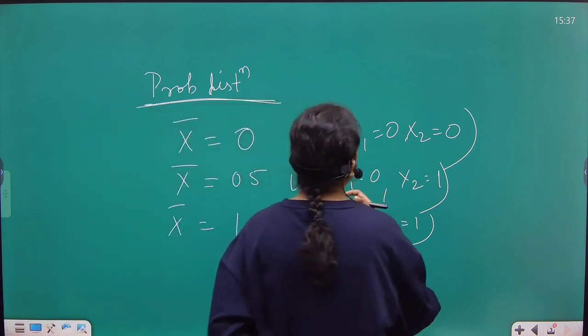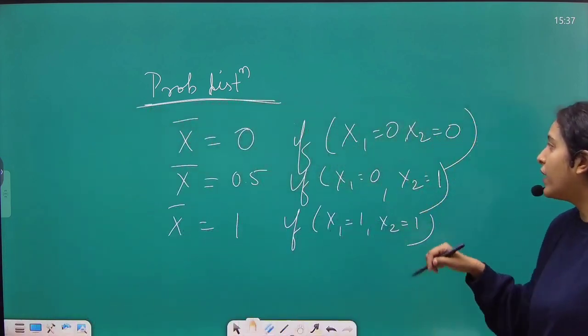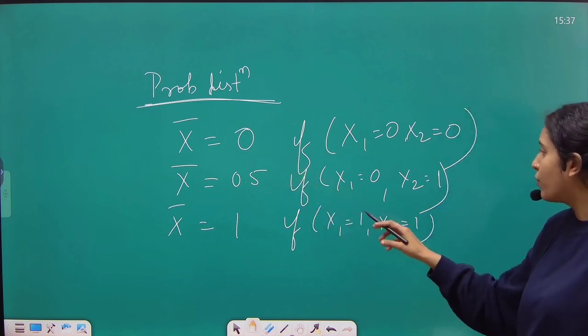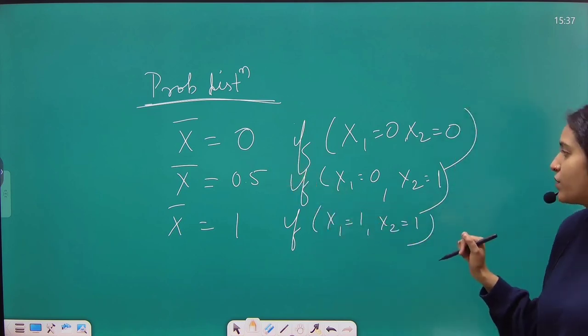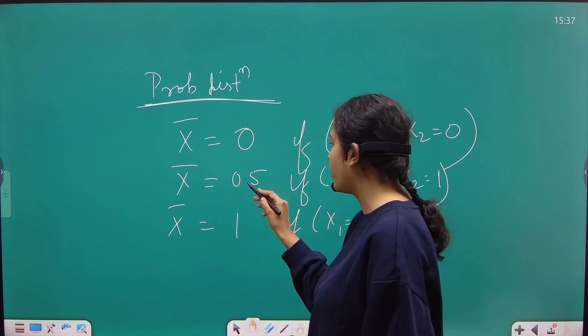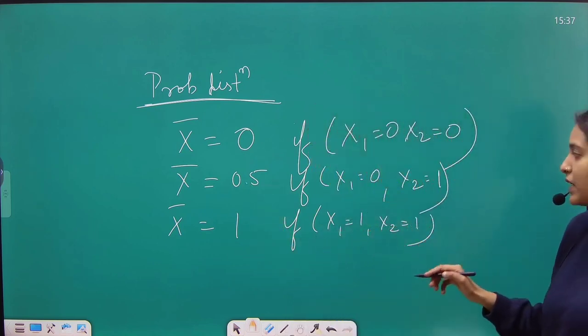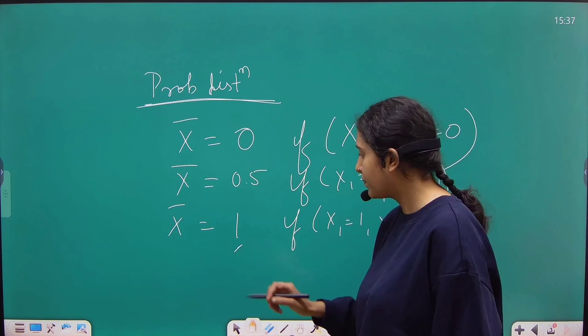Let's suppose we have two values x1, x2. When x1 and x2 are 0, we can say that x bar is 0. When x1 is 0 and x2 is 1, we can say x bar is 0.5. And when x1 and x2 both are 1, we can say x bar is 1.